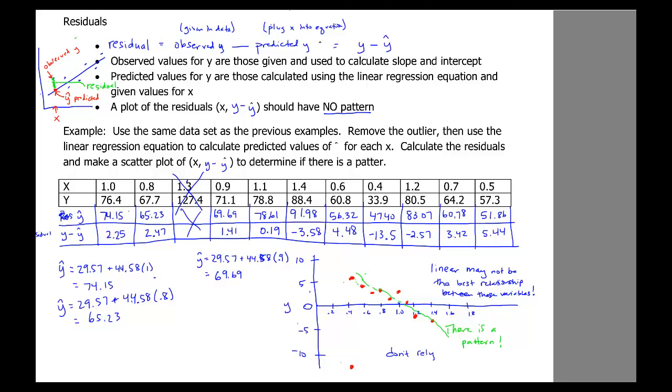So don't rely on the equation to make predictions of y hat. Okay, so again, everything looked good up until we got to residuals. It's something that's always good to check when you're doing a linear regression problem. See if there's a pattern in your residuals, and if there is, don't rely too much on the results that you got.